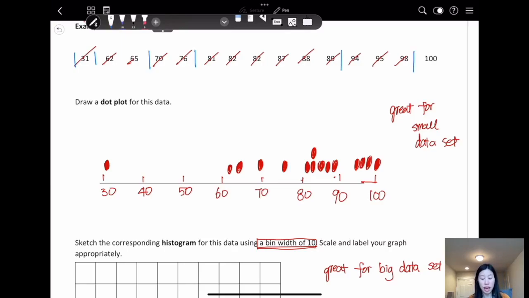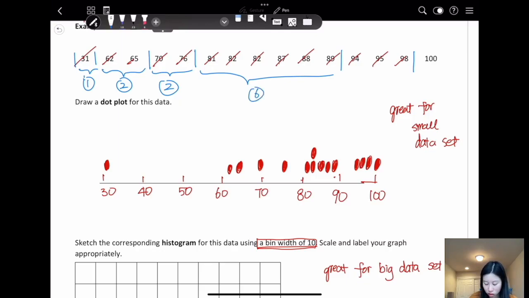Now let's count how many data points each group contains. The 30s we have one data point, the 60s we have 2, the 70s we have 2, the 80s we have 1, 2, 3, 4, 5, 6 data points here. And then the 90s we have 3, with 100.